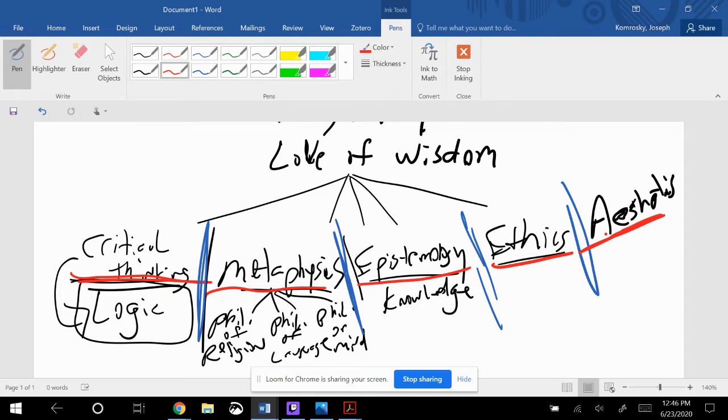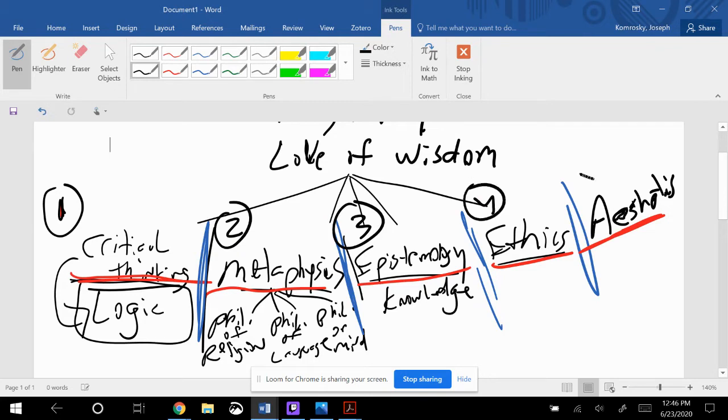There are more, but I've just given you these main branches of philosophy. 1, critical thinking, logic. 2, metaphysics. 3, epistemology. 4, ethics. 5, aesthetics. We'll throw up another one in there because Mercant talks about this.